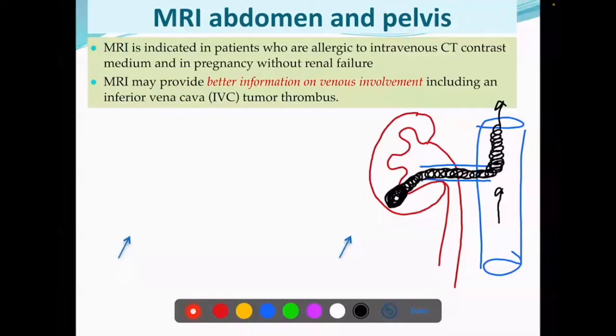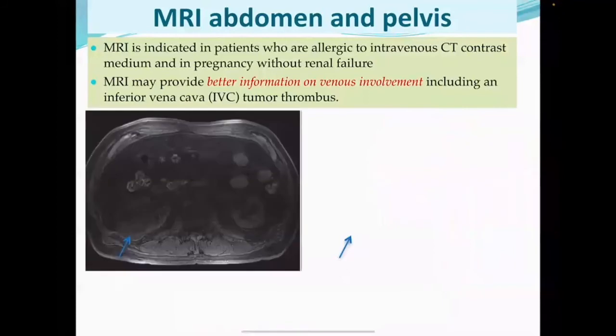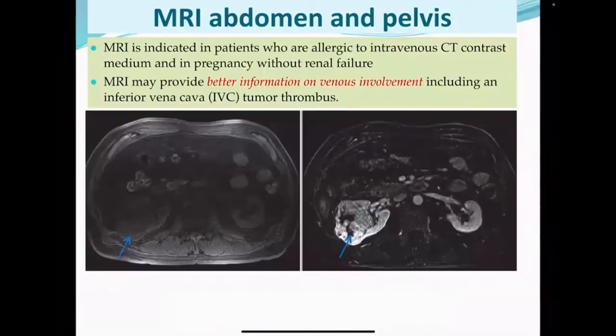Okay, remember that. See, before and after the contrast in MRI, you can see similar pictures, right? So now, a very commonly asked question is, what is the best investigation to know the inferior vena cava involvement?